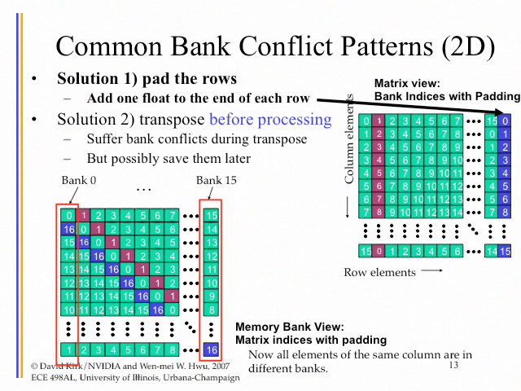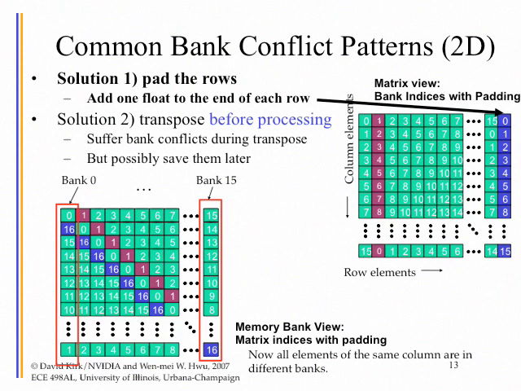So each row was 16, and now each one is 17 elements.